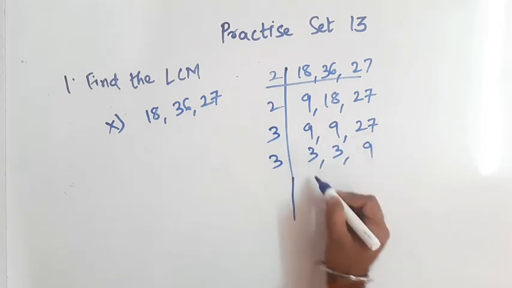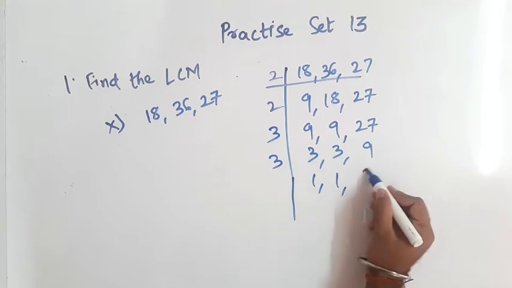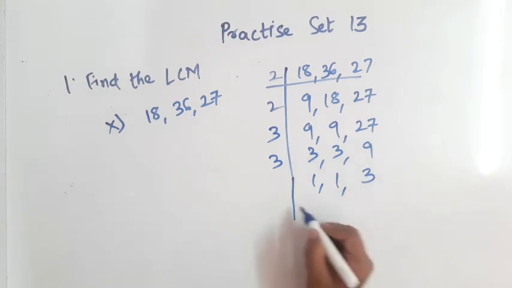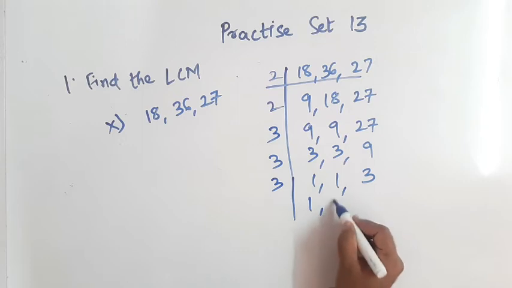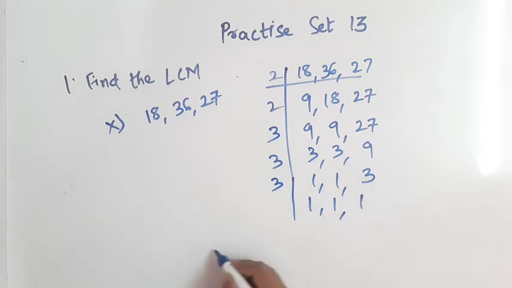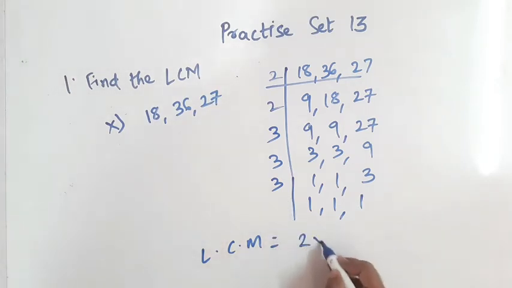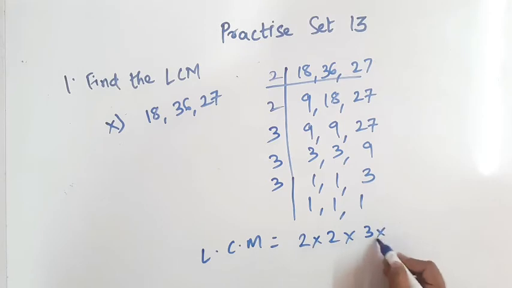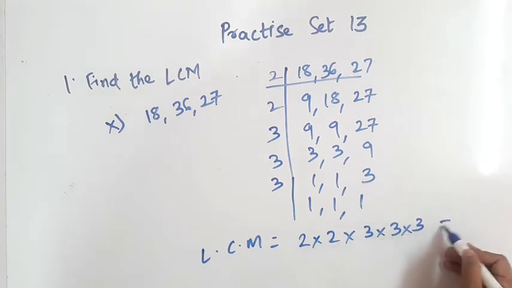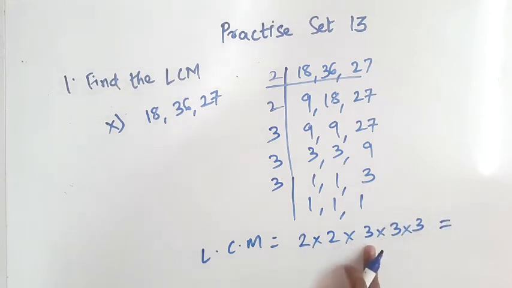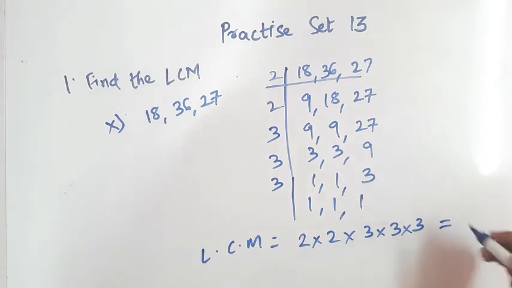Then I'll again take 3, 3 1s are 3, and 3 3s are 9. Okay, again 3, 1, 1, and this is also 1. So I got the factors, that is 2 times 2 and 3 times 3. So what is it? 2 2s are 4, 4 3s are 12, 12 3s are 36, and 36 3 times is 108.